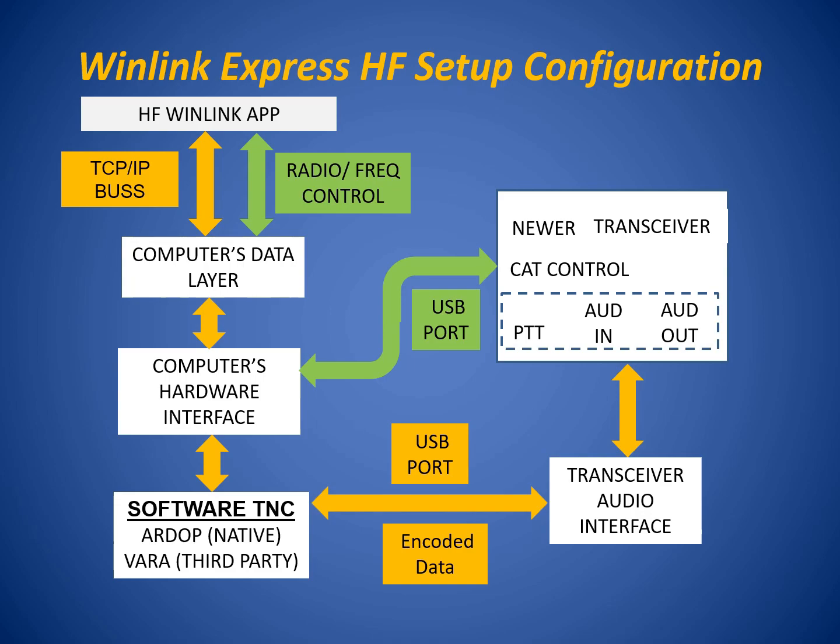So the Winlink will send TCP/IP-based encoded data to the computer's hardware layer. That computer's hardware layer then sends information from the software TNC and from the radio control application over to the newer transceiver, and you can effectively control the frequency of the radio and key it, and you have the audio in and out.